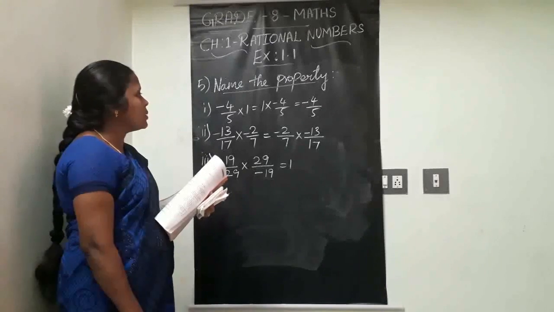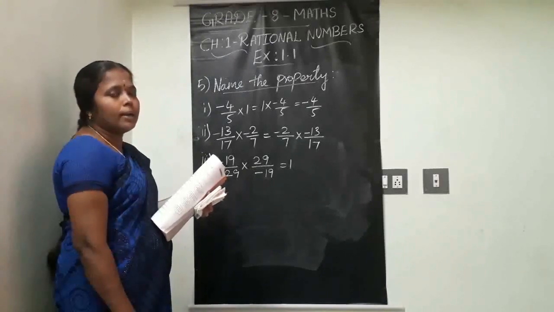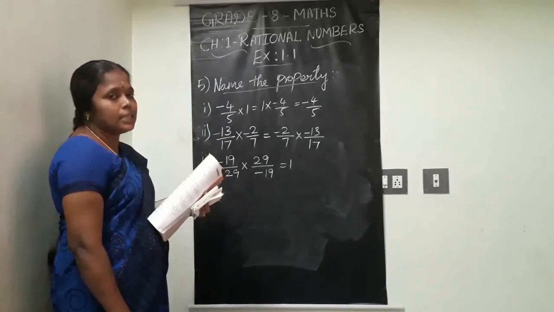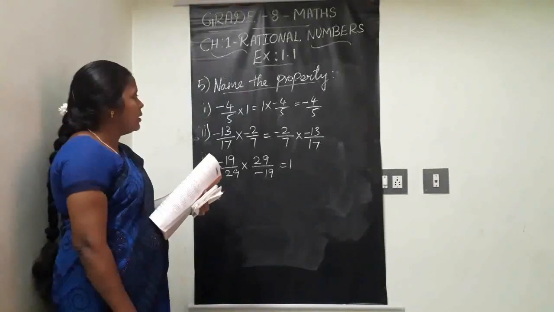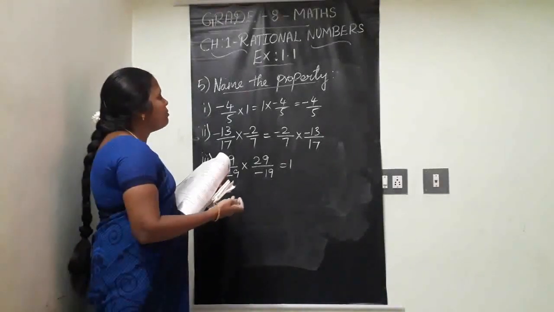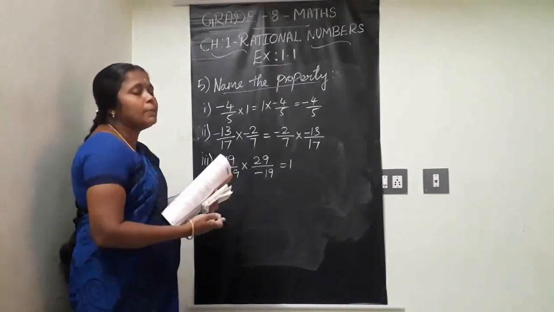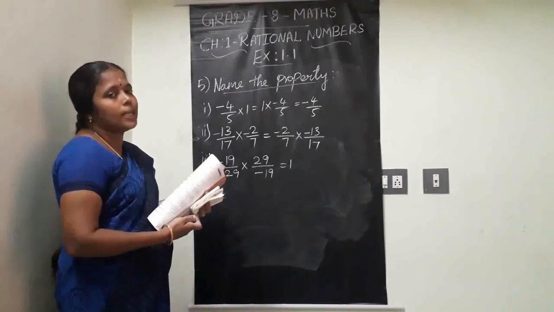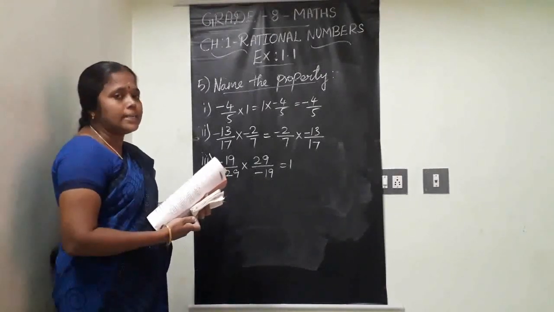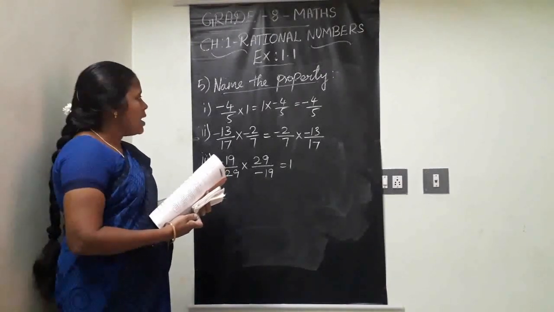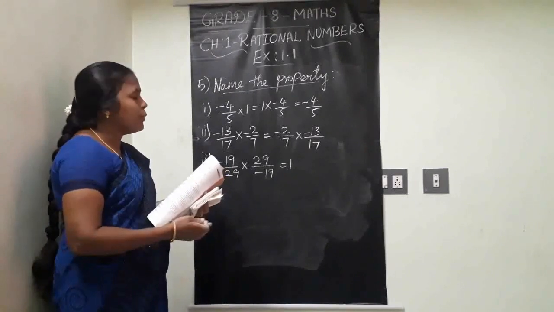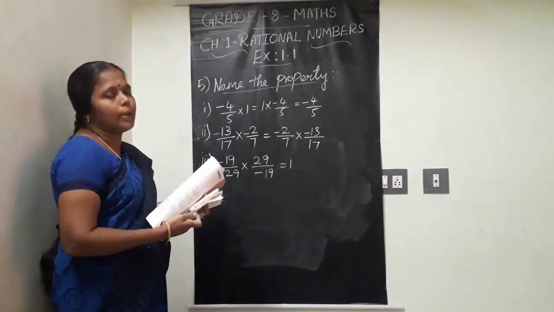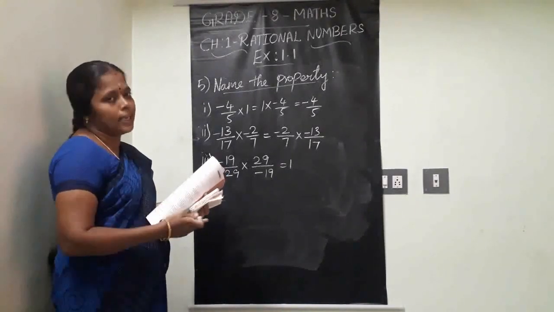We have seen this property under multiplication of rational numbers, that means multiplicative identity. What it tells is, if you multiply any rational number by 1, we will get the same.